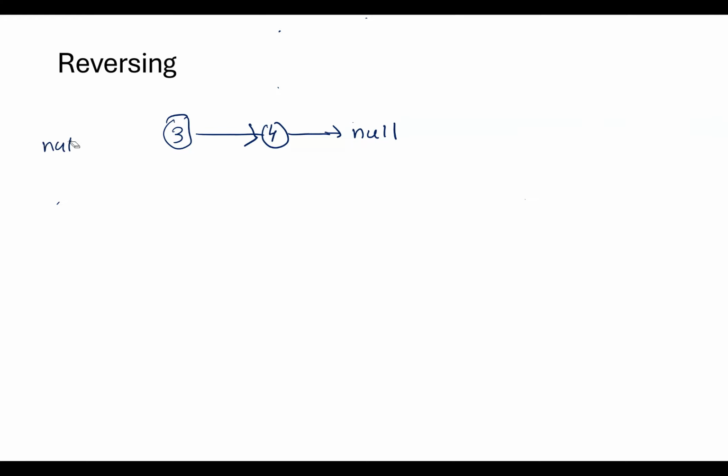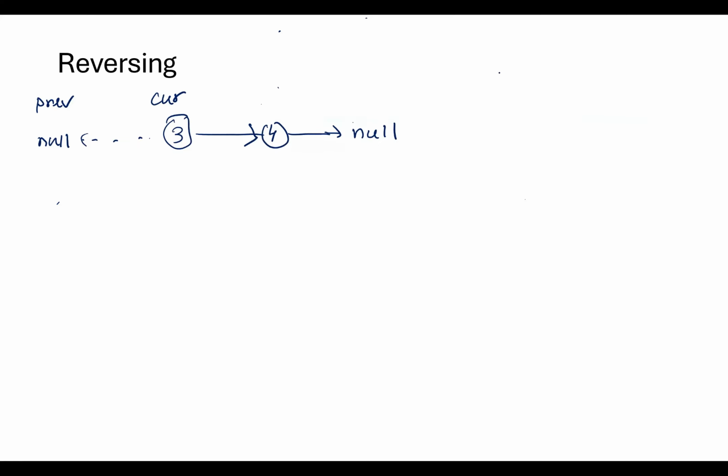So how do we get a null? Let's put a null, call it previous, and this is our current node. We have to make a connection between the current and the previous, making the previous the next of current. But for that, I have to delete this, and if I delete this, I will be losing track of this.